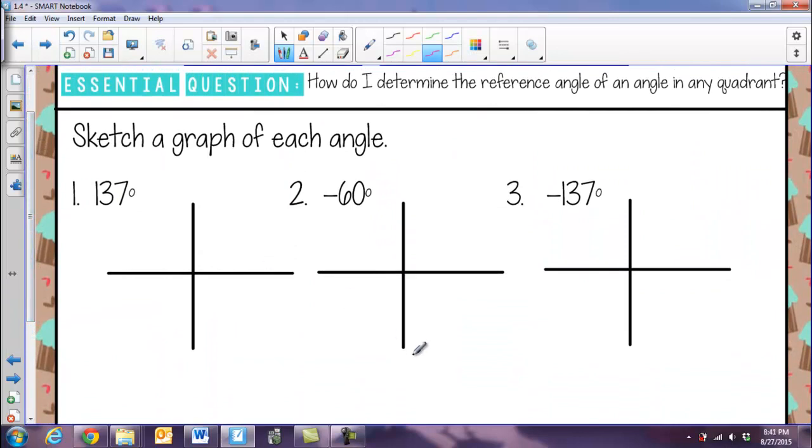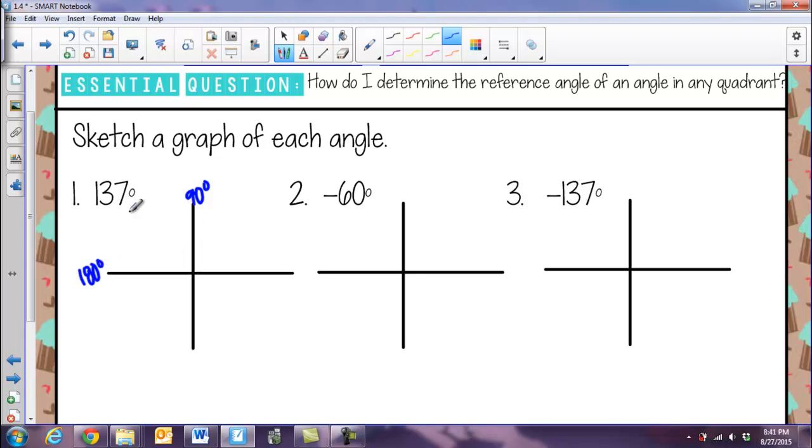The first thing is we need to sketch a graph of each angle. When you have acute angles, less than 90 degrees, those are pretty straightforward. They're all going to be in quadrant 1. It's when you get to these bigger angles that you're like, whoa, where do I go? So when you're sketching an angle of 137 degrees, you know that it is bigger than 90 degrees, which is your y-axis right here, but it's less than 180 degrees.